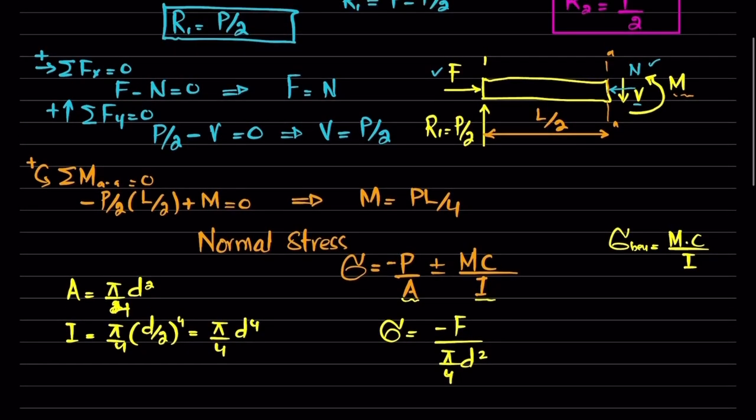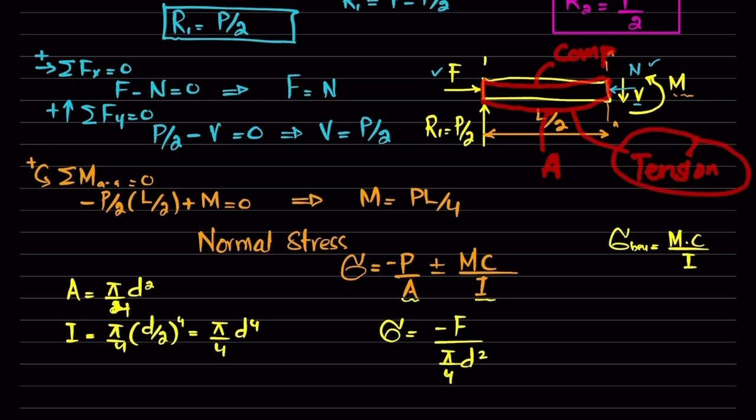Now you can see that here, due to this bending, the beam will bend like this, and we will find the principal stress at this point A, which is on the lower side. So the lower side is in tension and the upper side is in compression. Clear?